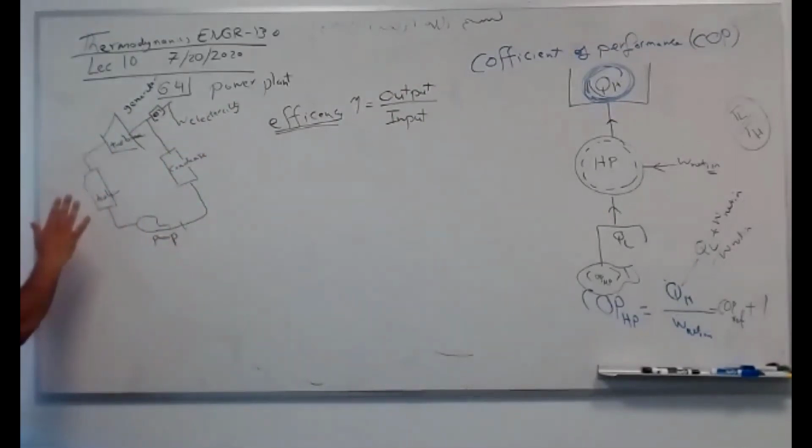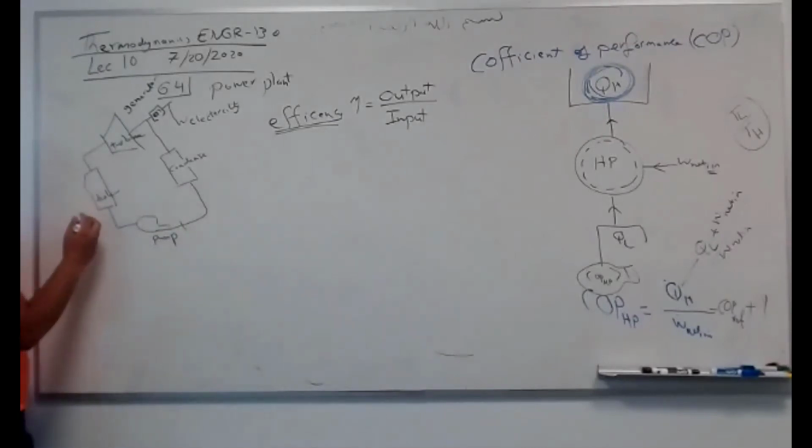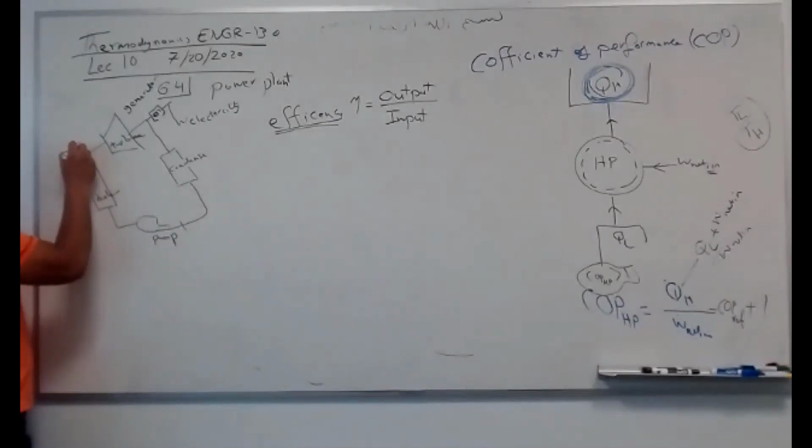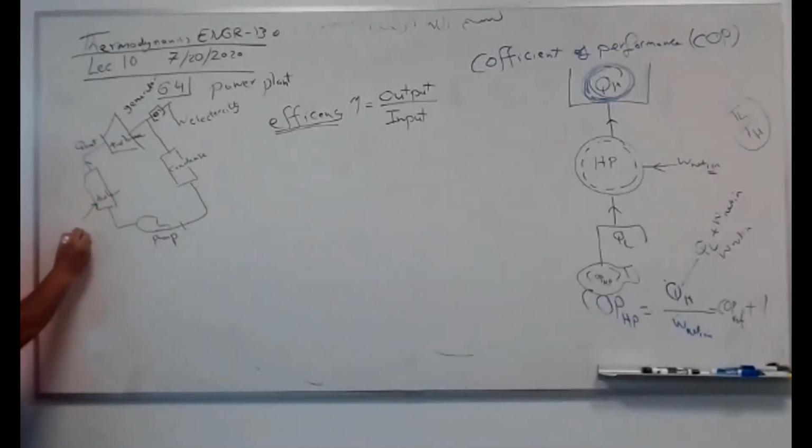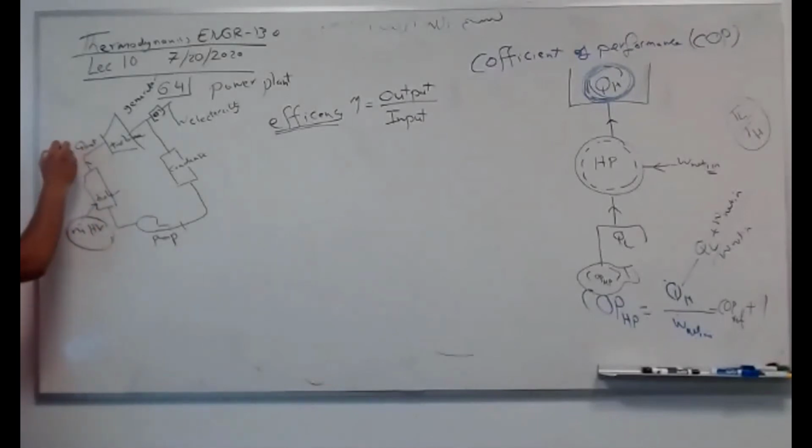So let's talk about, for example, the boiler. We have here, for example, Q high, Q out, and we pay M dot HV. So we pay this, and we get Q high. Sometimes when you put fuel inside the boiler, not everything burned.